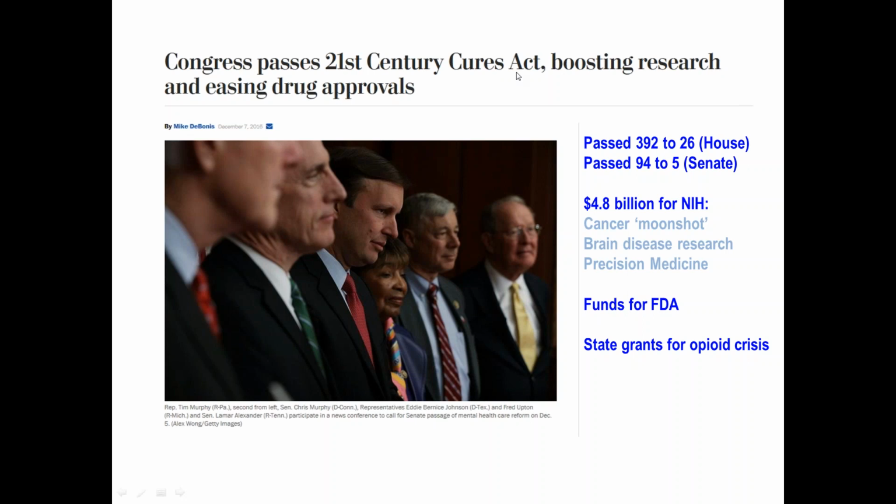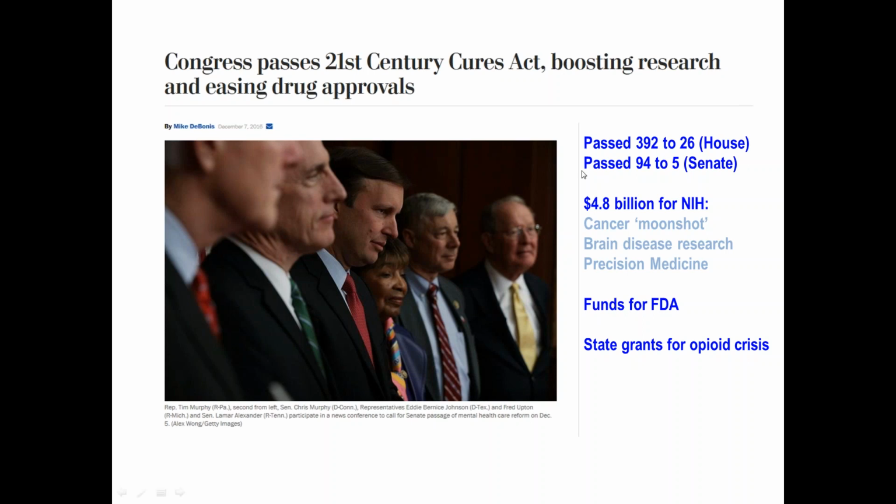That act really was a bipartisan bill. This photo actually shows quite a collection of Republicans and Democrats from many states, maybe some of the states represented on the call, that were really backing this bill, because it put funds into important areas such as cancer research, brain disease research, and a new area called precision medicine.